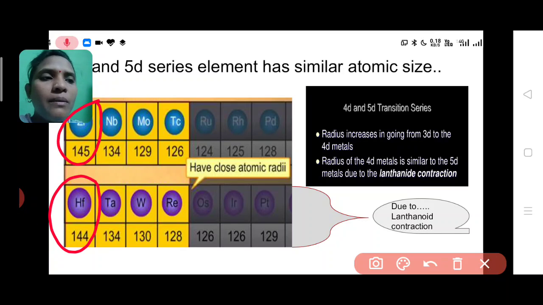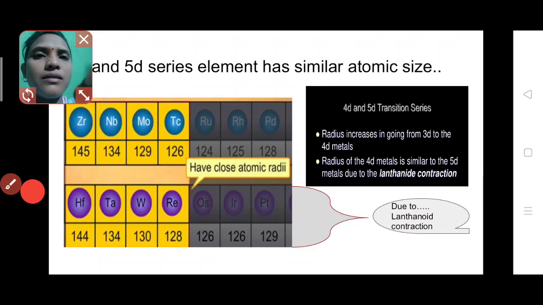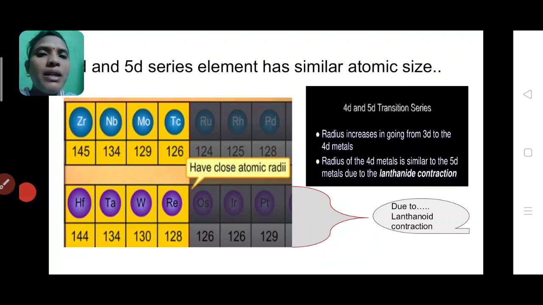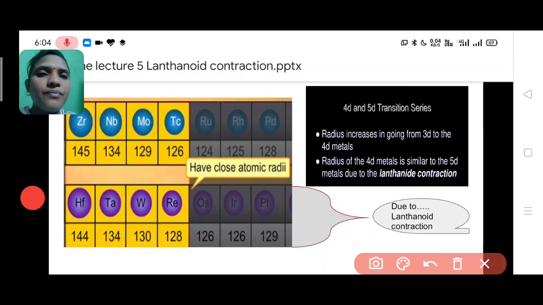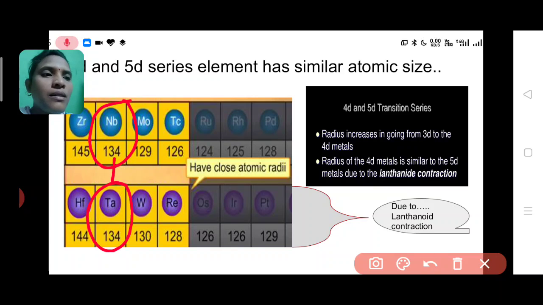So zirconium and hafnium have nearly similar atomic size. Same way, see this niobium Nb and this tantalum Ta, both have similar atomic size.